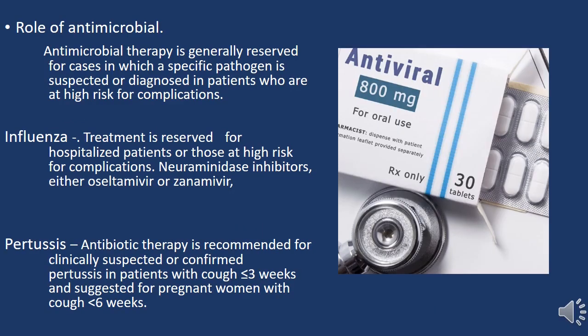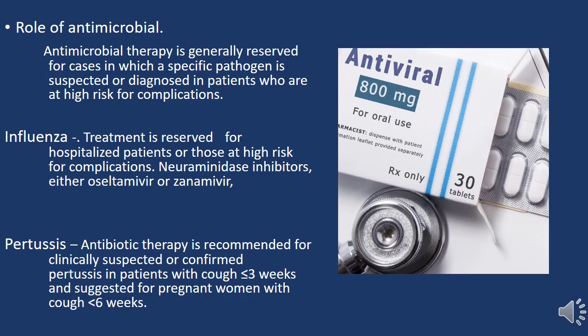The role of antimicrobial therapy in acute bronchitis varies based on specific circumstances. Antimicrobial therapy is typically reserved for specific cases where a particular pathogen is suspected or diagnosed. Additionally, it's considered in patients at high risk for complications.